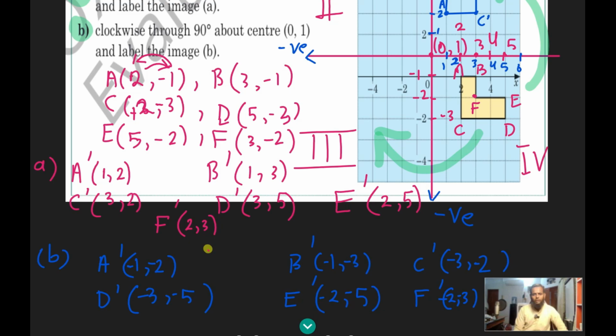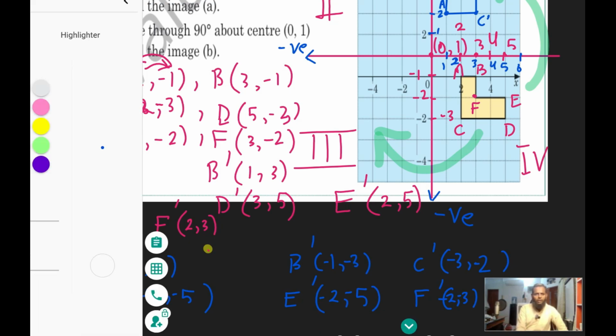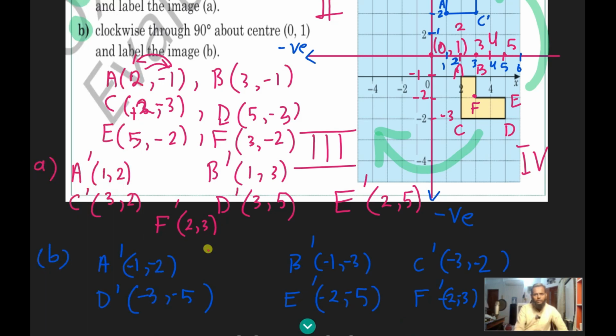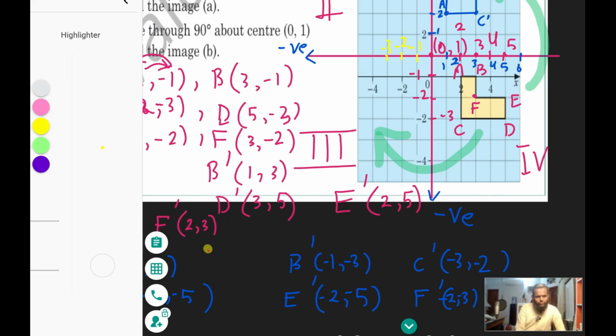So I will draw these points with a different color. I am choosing a different color. So I am writing the values. It is -1, -2, -3. So I am choosing black color.